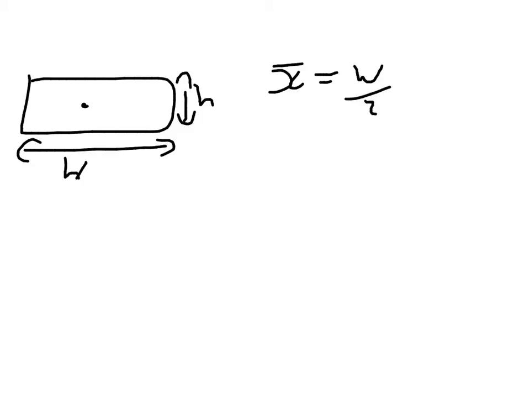That's a fairly easy one. On the website and through Blackboard you can access a lot more common shapes, and they'll also be in the exam paper if you require them. Quarter circles, semicircles, circles: it tells you where the x bar and y bar positions are, and it also tells you how to calculate the area.